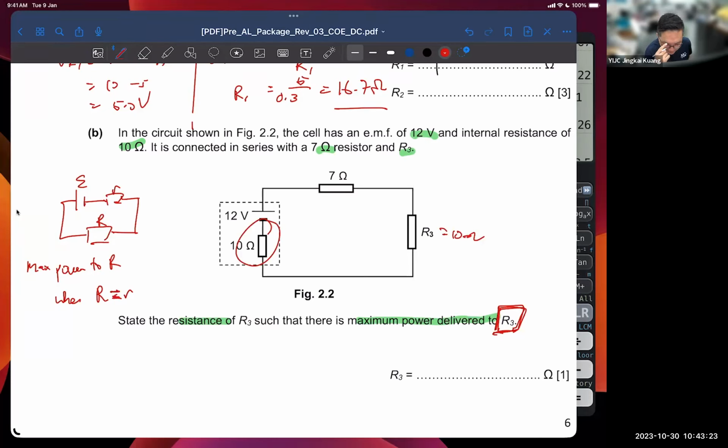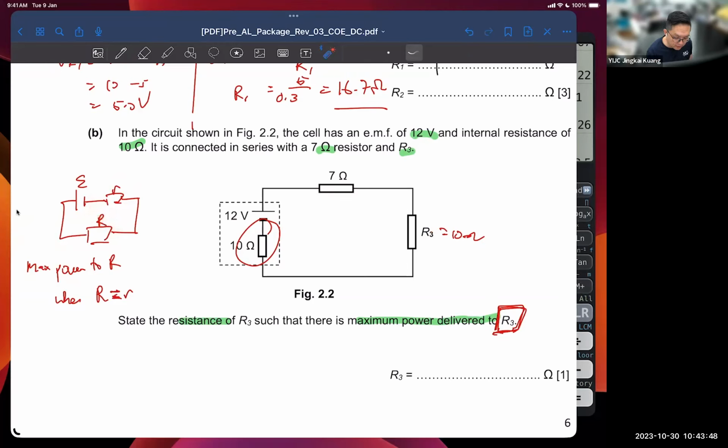Then I realized the problem here is that when I came up with the conclusion that this is 10, this is based on the assumption that there is one internal resistance and one external resistor. So the maximum power, in this case, your terminal voltage is across capital R only.